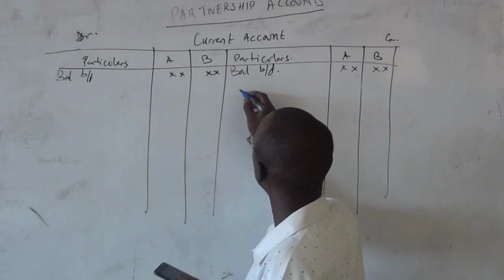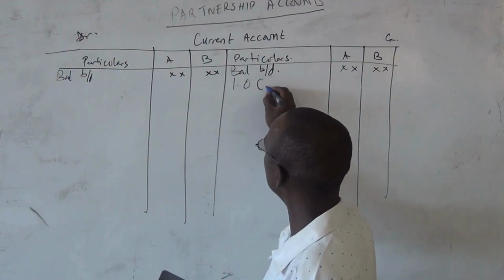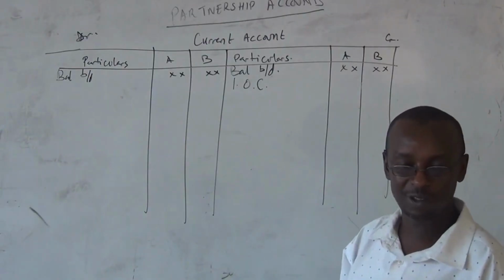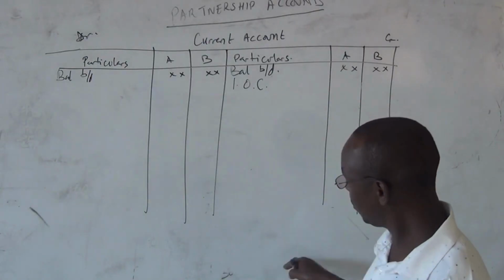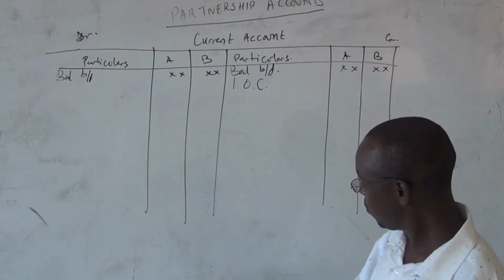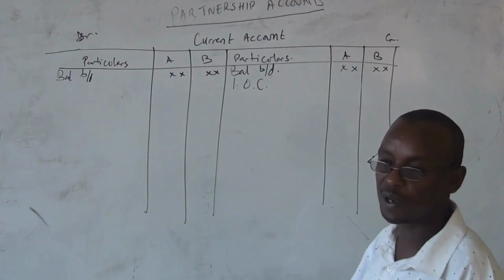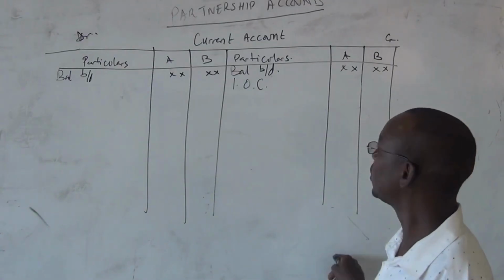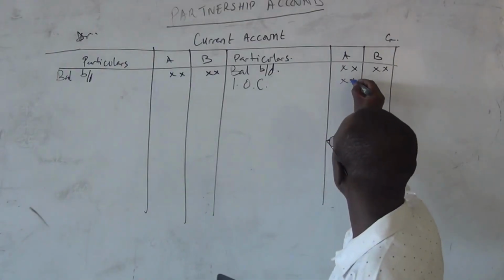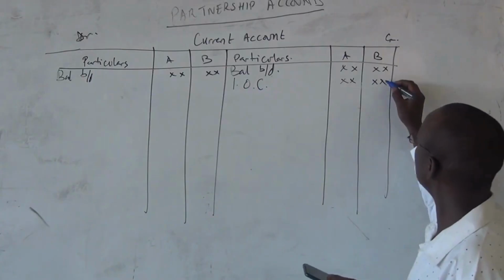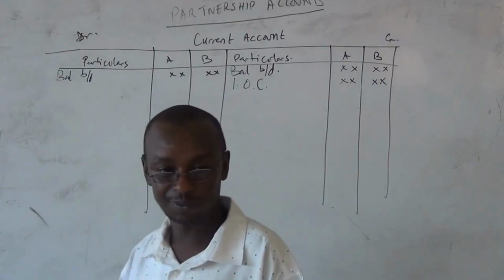Then here we record things like interest on capital. We have said the partners earn interest on the capital. So whatever amount you calculate here, if it is 5% of the capital, 5% of the 1 million, that amount you put here for A and for B. Those details will be clear in the question.